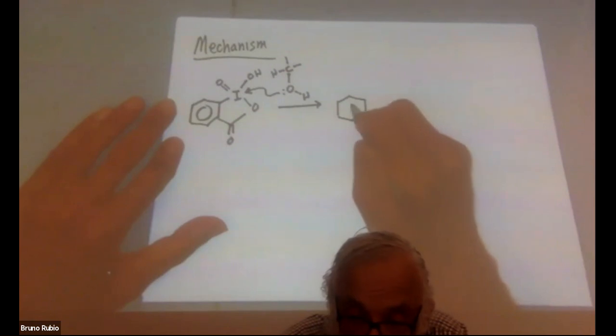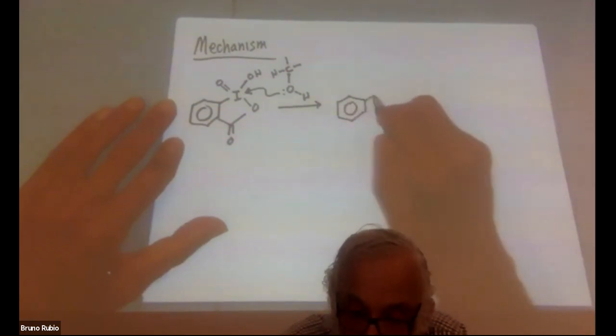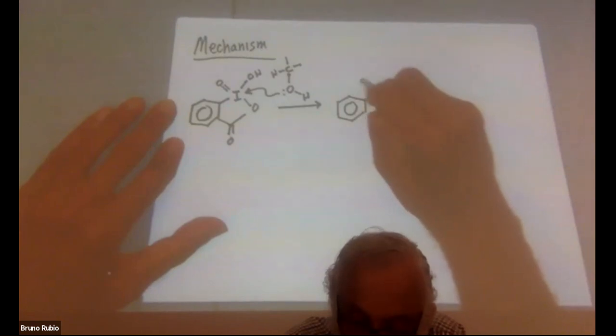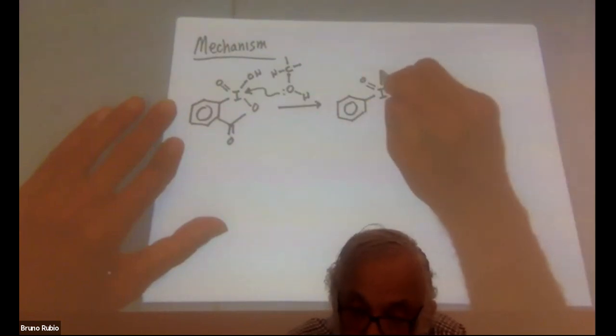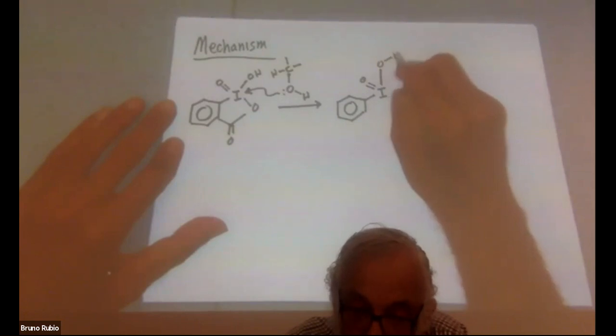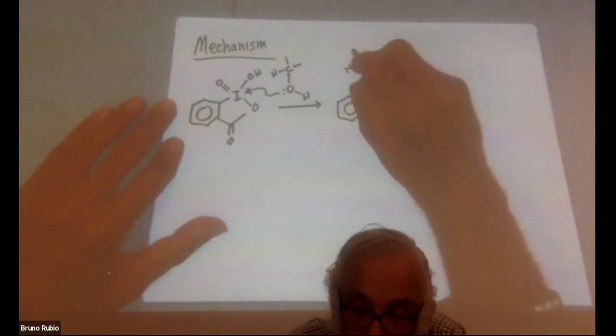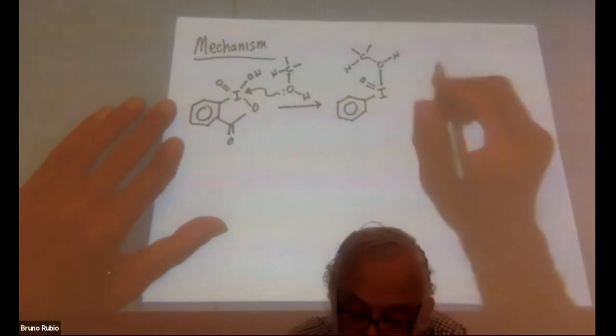And we have an intermediate. Pretty crowded. All right, iodine can do all this because iodine is a huge, huge atom, lots of room for lots of ligands.